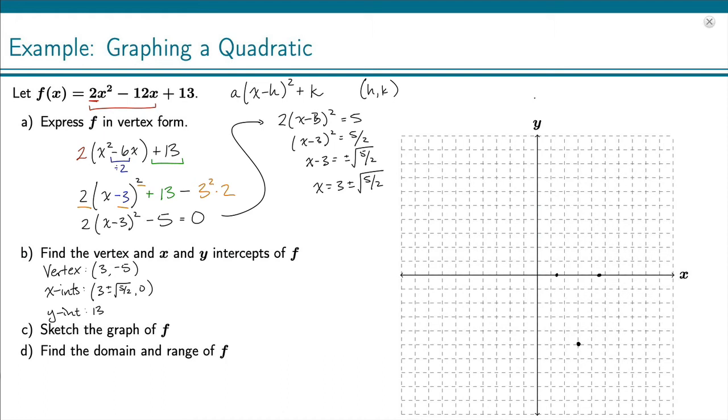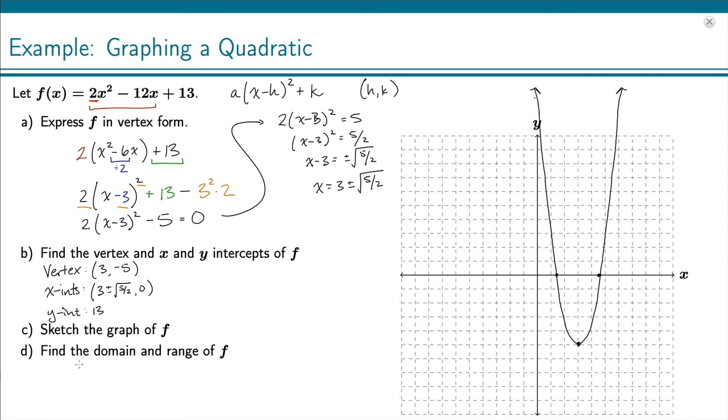So I'm going to go ahead and use my symmetry tool just because I'm not the greatest at graphing. And it goes all the way up, and it's going to hit the 13. Oh, well, somewhere like that. So there's a sketch of our parabola.